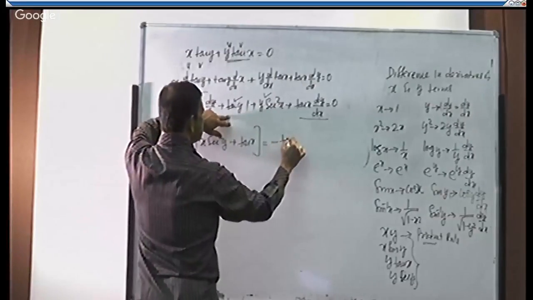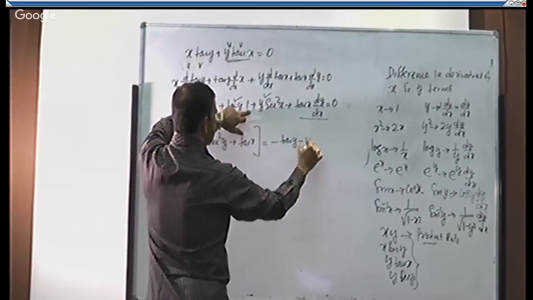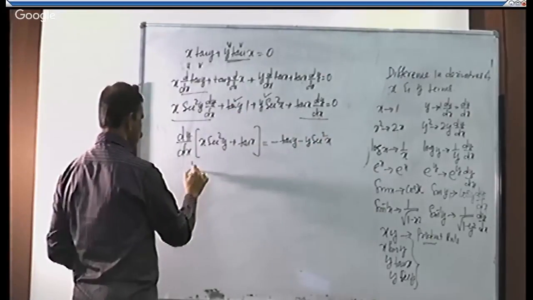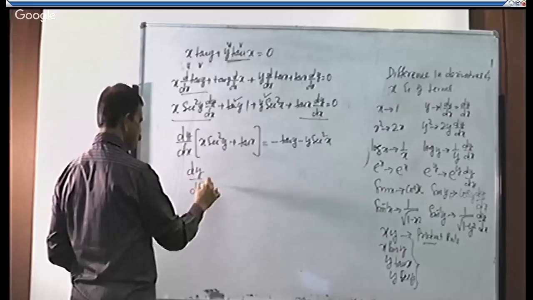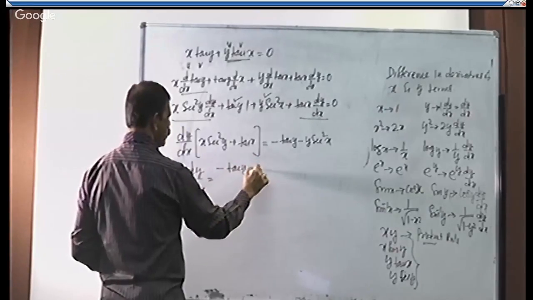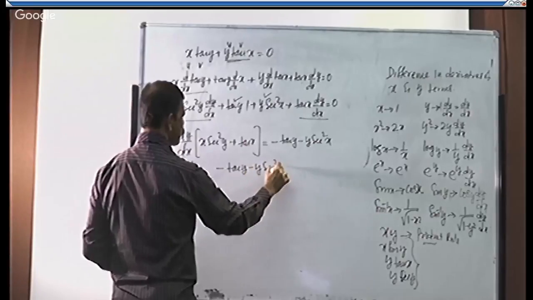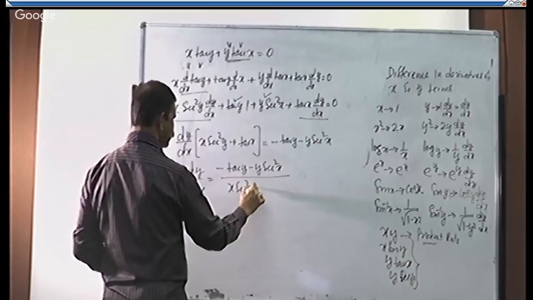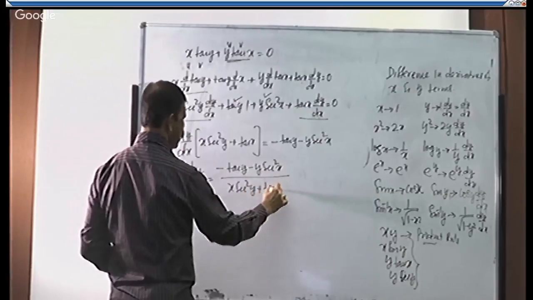Minus tan y minus y into secant square x. Then write for dy by dx. Therefore dy by dx is minus tan y minus y into secant square x divided by x into secant square y plus tan x.